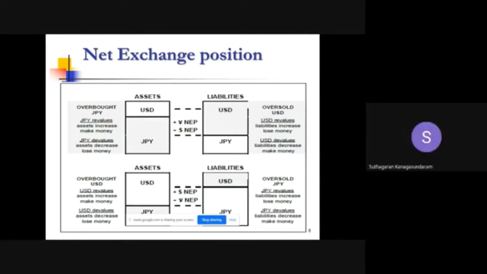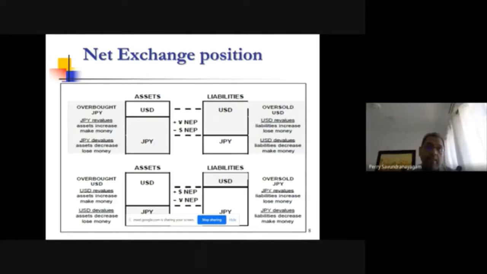Second thing is you could have clients who are using dollars to make their import payments. For example, an importer who has the ability to borrow in US dollars to make US dollar bill payments. Maybe the bank is giving them a dollar loan, say $10 million.